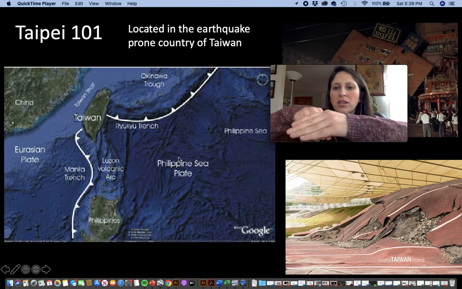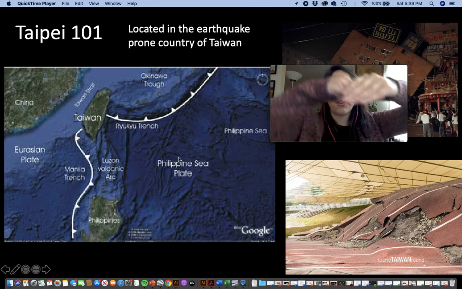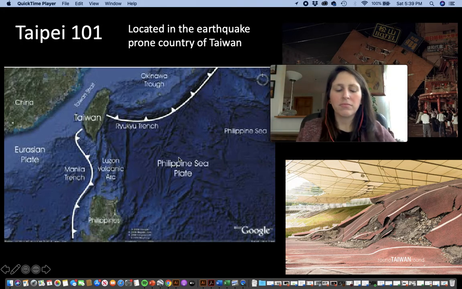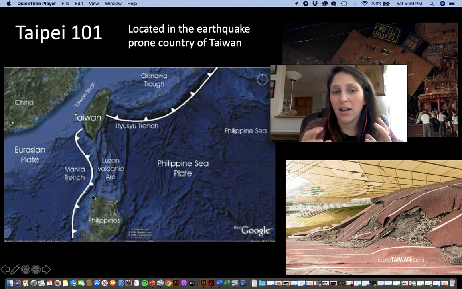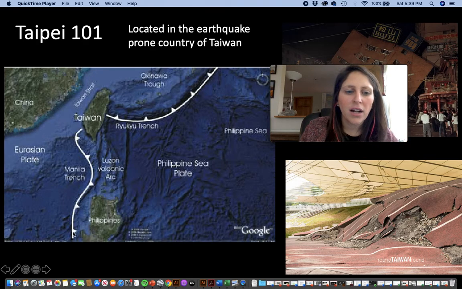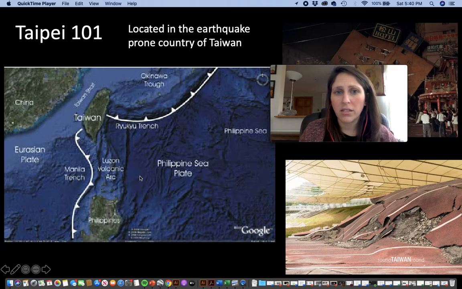So it's kind of a weird thing where we have two plates subducting underneath each other, just at different points. It's a very funky plate boundary, and it cuts right through Taiwan. So you can imagine that this island experiences a large number of earthquakes.